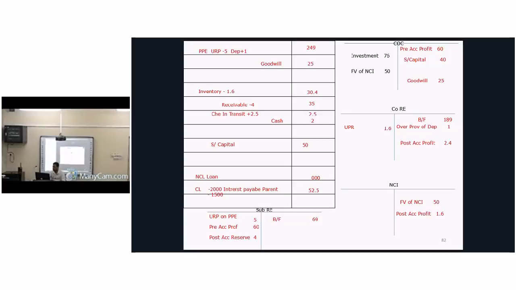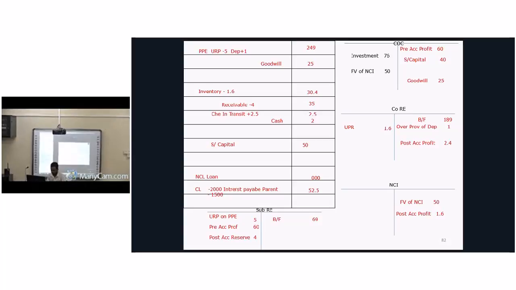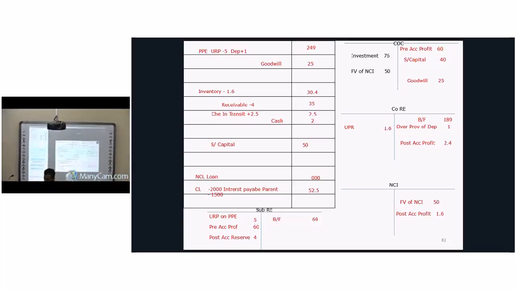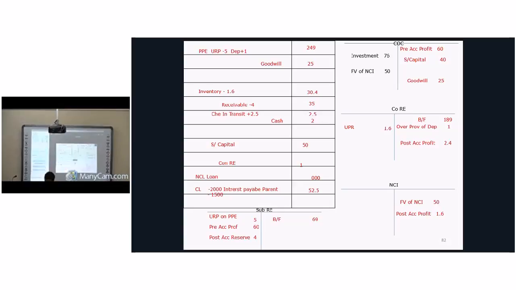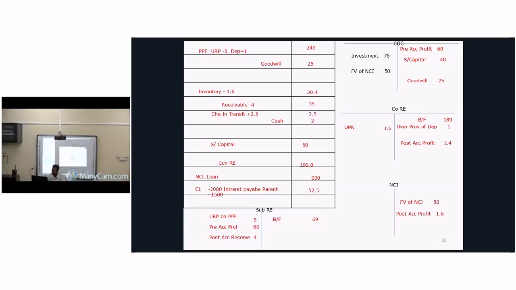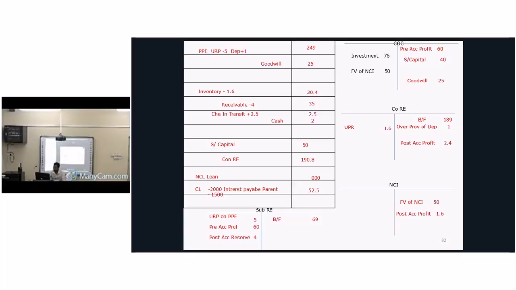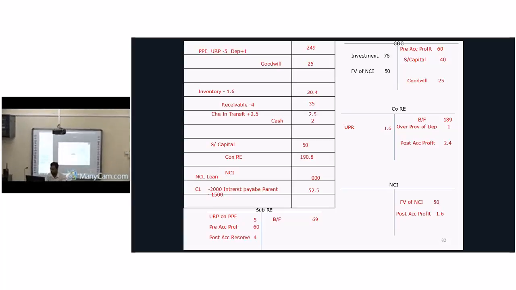And for the NCI and consolidated retained earnings balance, we can now take directly 189 plus 1 plus 2.4 minus 1.6. Then consolidated retained earnings is 190.8, and NCI is 51.6.